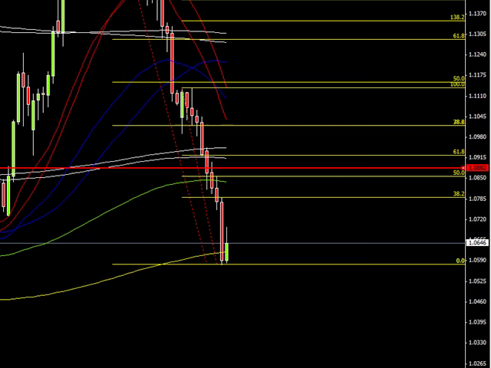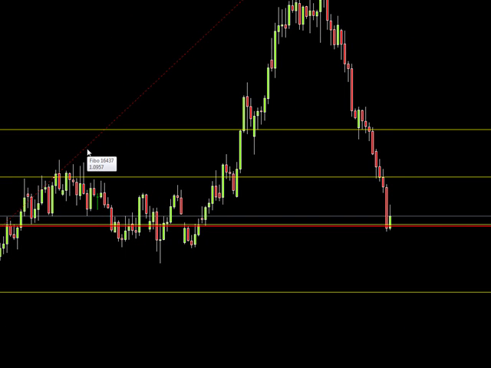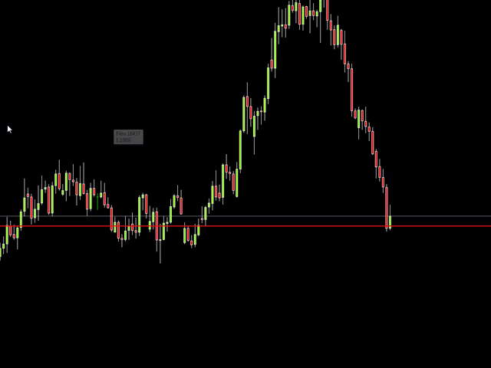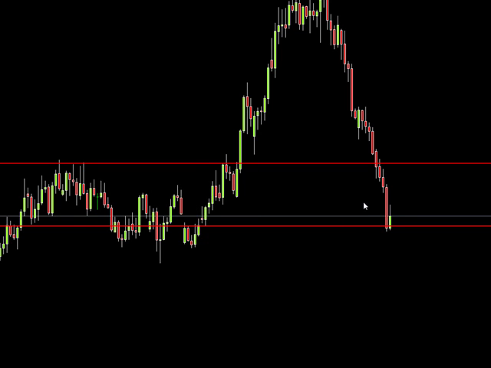Let me just put this on a chart of no indicators, just so you can see what I mean. That's where we are now, and this is where I'd expect price to go, around there. Let's move it slightly higher.